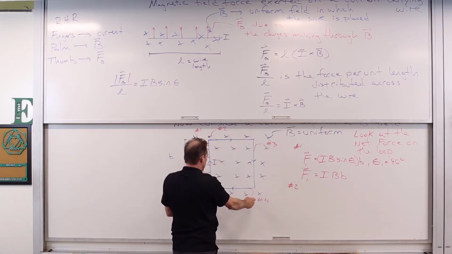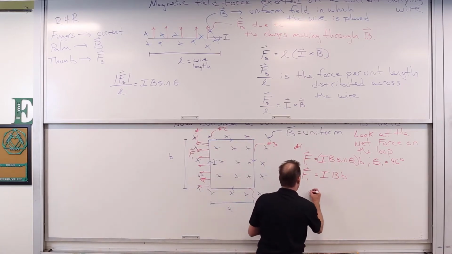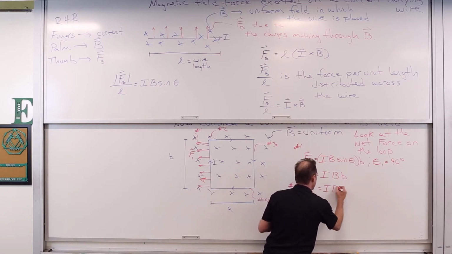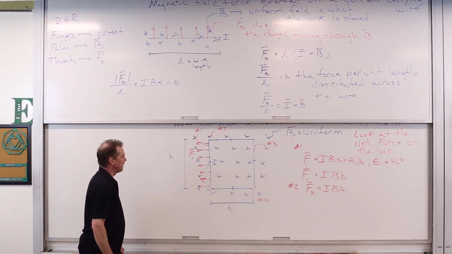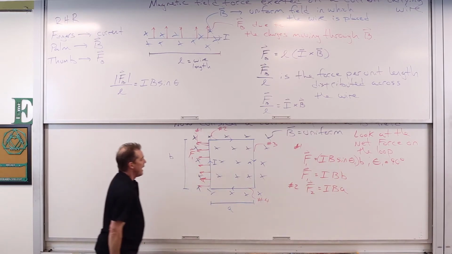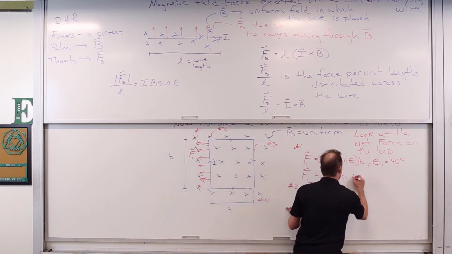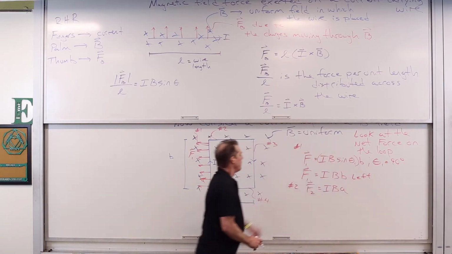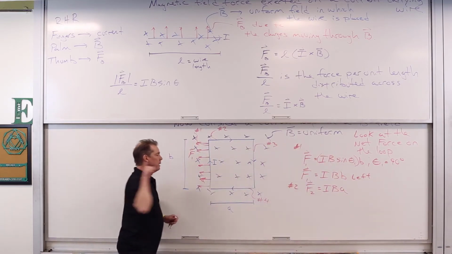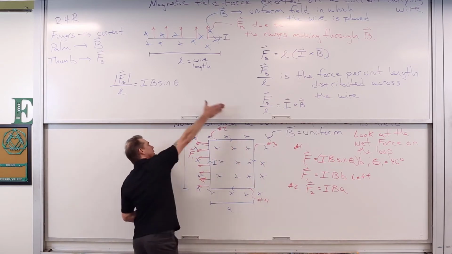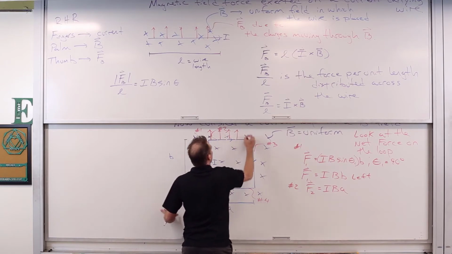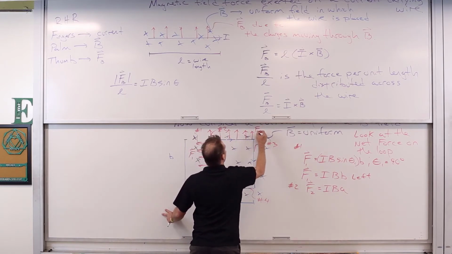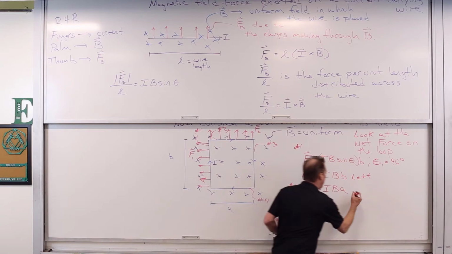The length of the segment's going to be A. And we got then that F hat 2 is going to be equal to I times B times A. Again, theta is going to be 90 degrees, so we just leave that out. And we put left there. And we say, what's the direction of the force? Well, I crossed into B gives us F. So the force direction, which we could call F2 hat, is up.